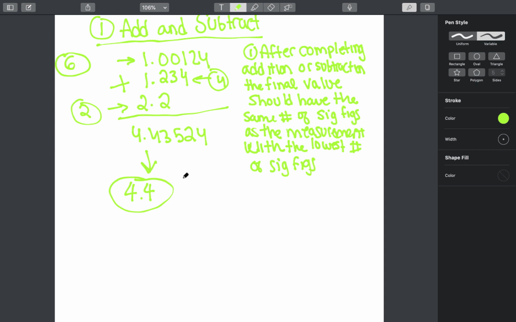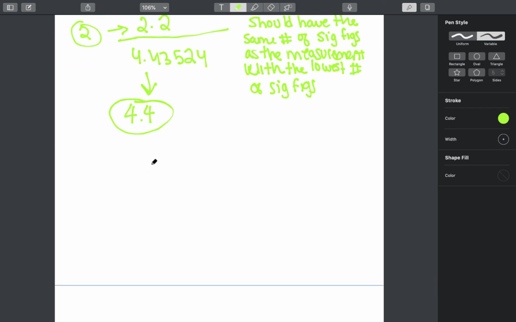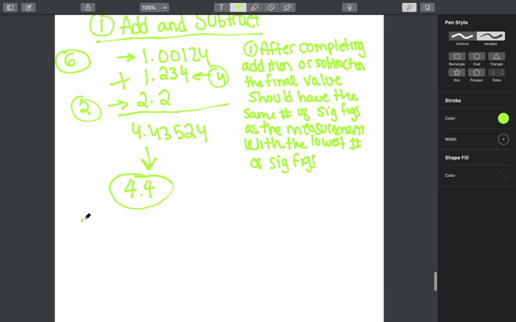So that's the rule for adding and subtracting. Now multiplication and division actually uses the same exact rule. So let's write that down here.